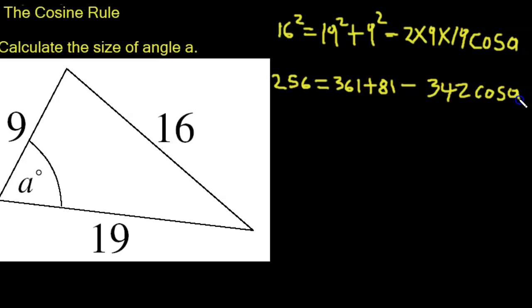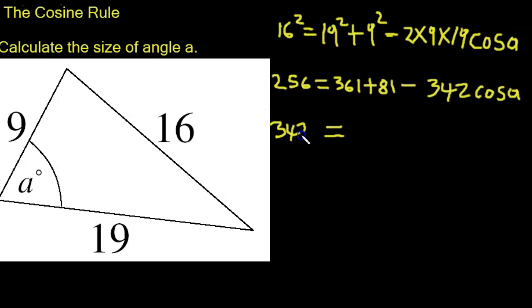Now remember, before we can find angle A, we need to find cosine. And therefore, we have to do some transposing here. So let's do some grouping. Let's group all the numbers. There's negative 342 cosine. I group it over here by itself, isolate it.